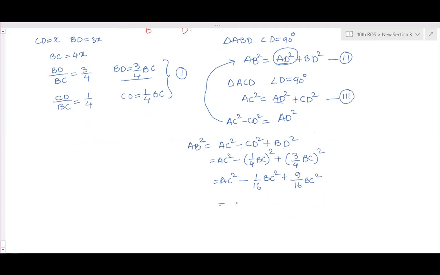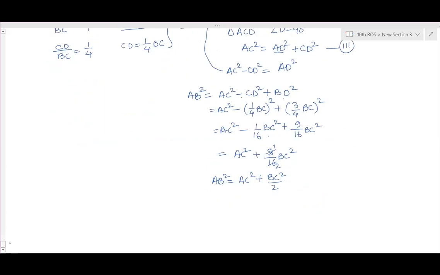Then simplify. Both of these are BC square, so minus 1 plus 9 is plus 8 by 16 BC square. 8 ones are 8, 8 twos are 16. So AC square plus BC square by 2 is equal to AB square.